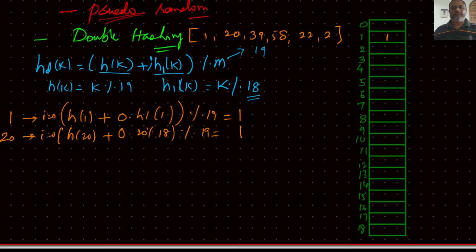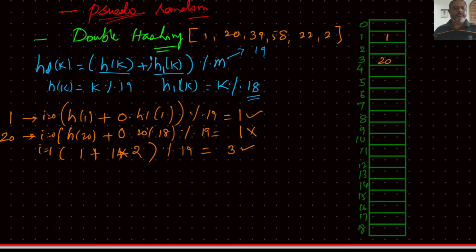So that also gets a 1. 1 is already occupied, so we cannot use it. Then we make i equal to 1. Then this is 1 plus 1 times 20 mod 18, which is 2, mod 19. So 1 plus 1 times 2, so that is 3. Yeah, 3 is available. So at location 3, 20 comes in.